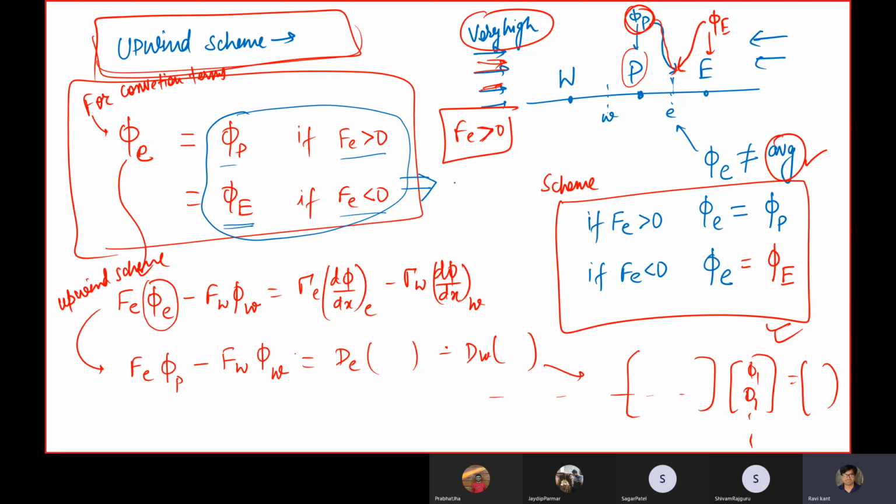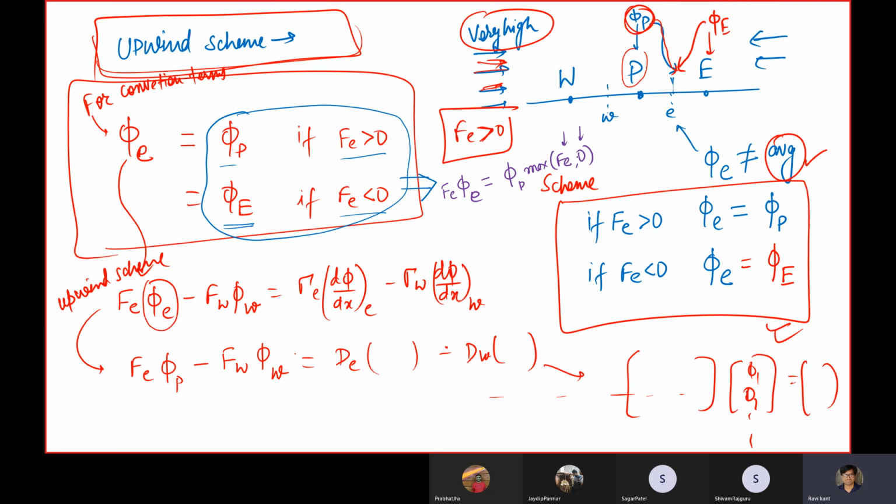So what they usually write is Fe phi e is nothing but, in single function form, phi P times max of Fe comma 0, whichever is greater, 0 or Fe.